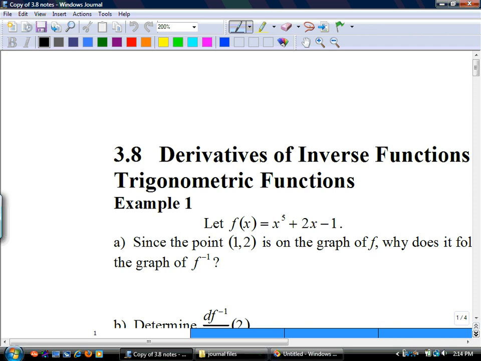The derivatives of inverse functions and inverse trig functions. So the first thing I want to do is just draw a quick picture, and I know that this is wrong, but what that looks like, and the point 1, 2, 2. So we can find the slope right there.